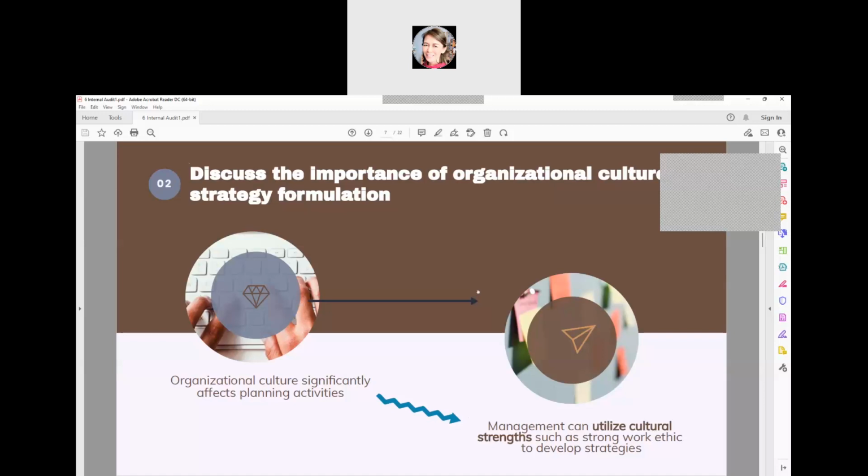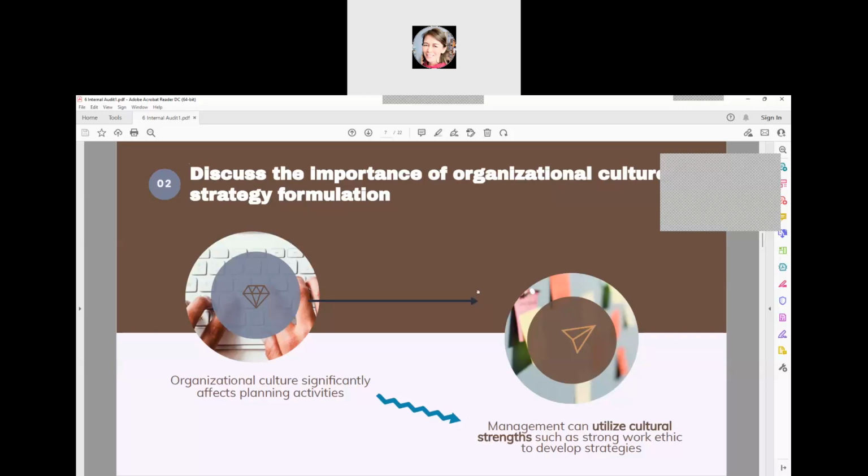In this way, culture can break the boundaries, the barriers I should say, between teams. It guides decision making, and it improves the overall workflow in the organization. This is how we relate culture and strategy.